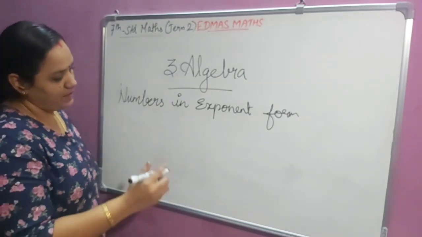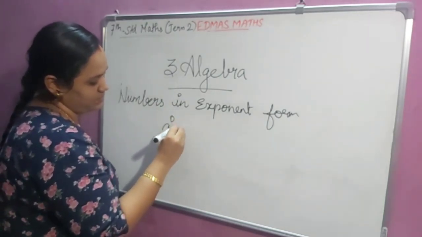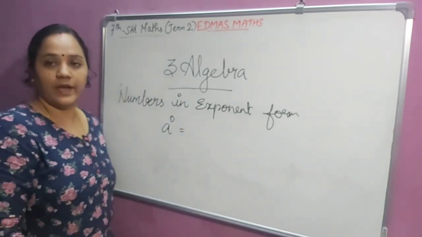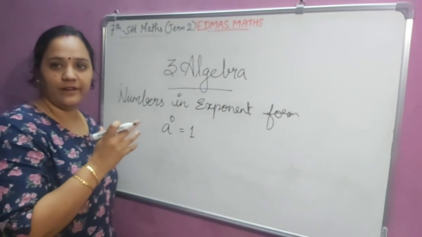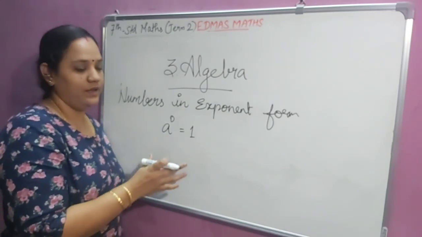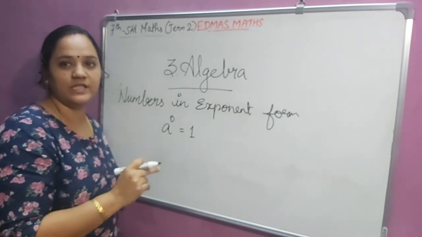So here, if I have a power 0, anything power 0 is 1. This is a very important fact. You should know that if any number has the power 0, its value is 1.